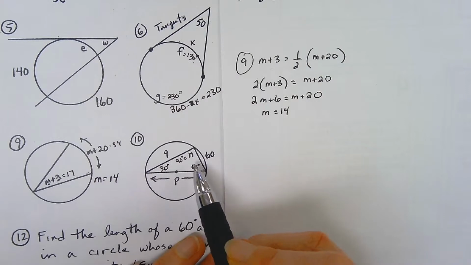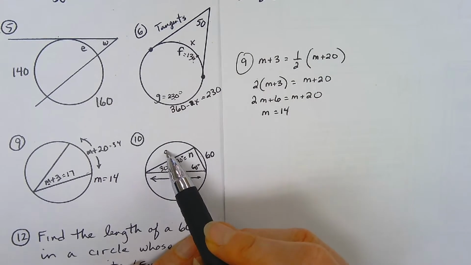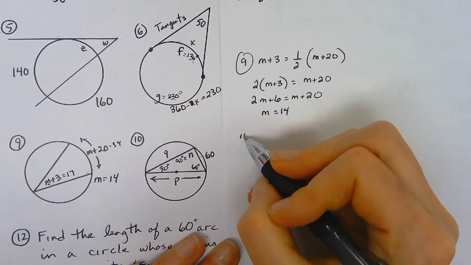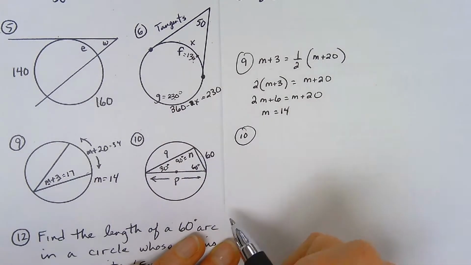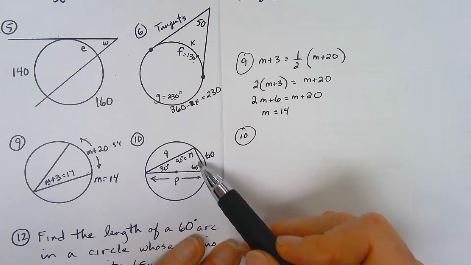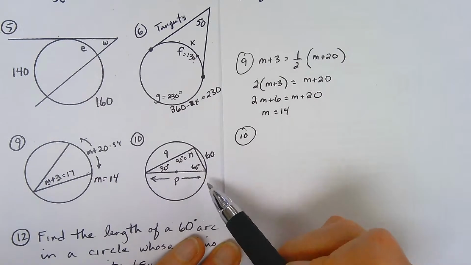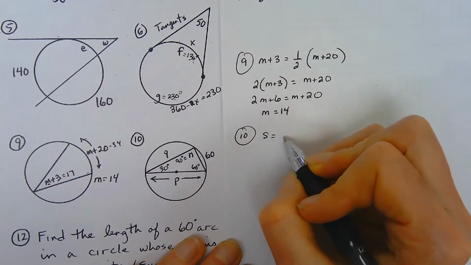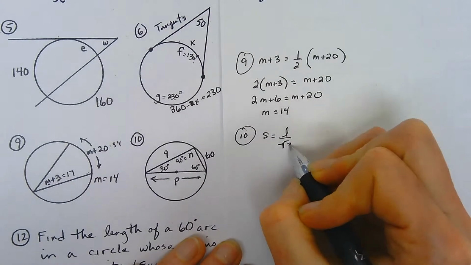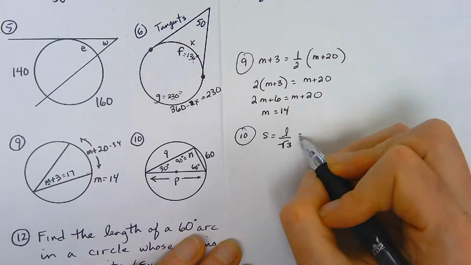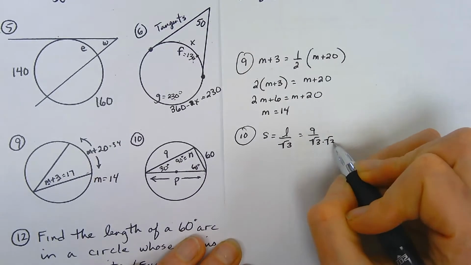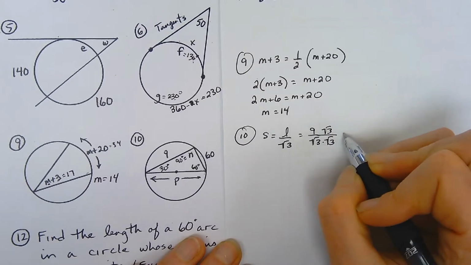And because it's a 30, 60, 90, we can find the short leg here by using the length of the long leg. Here's a right triangle. It's 30, 60, 90. We know the long leg. The short leg is equal to the long leg divided by rad 3. It's equal to 9 divided by rad 3. To rationalize that, we'll multiply top and bottom by rad 3.